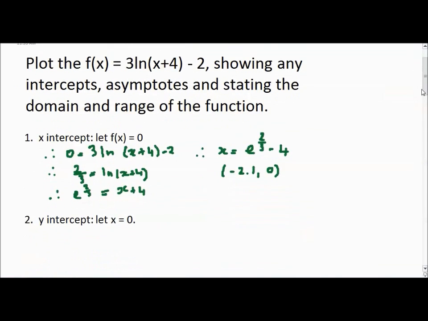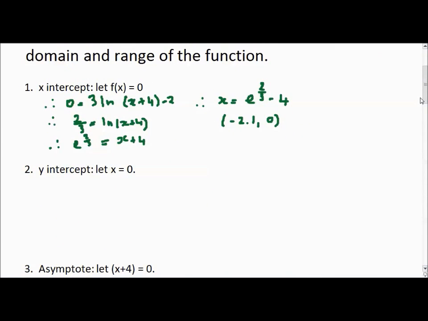Let's have a look at our y-intercept, and not surprisingly we're going to let x equal 0. So when that happens, what we get is f(0) equaling 3 ln, now x is 0, so it's just ln 4 minus 2, and that is actually what I call the y-intercept, but it's really the function axis intercept.